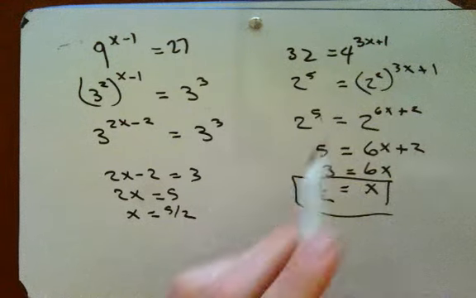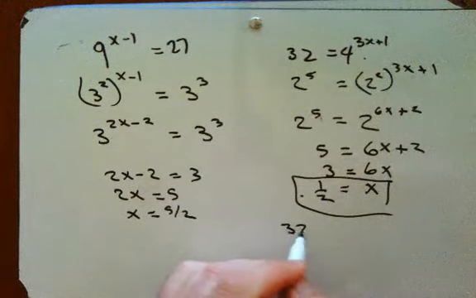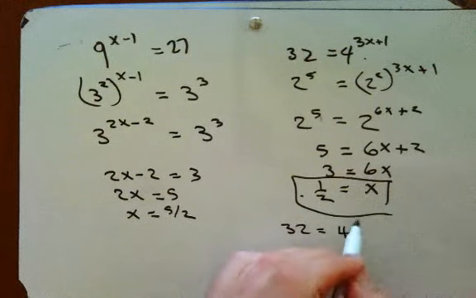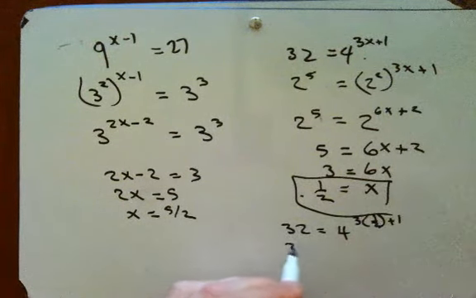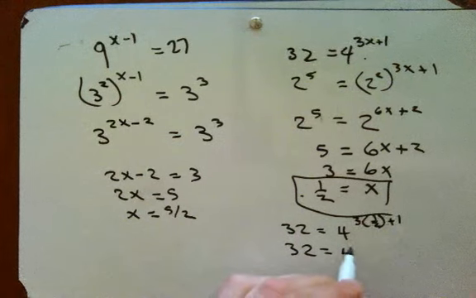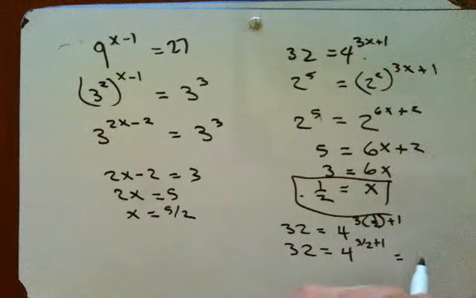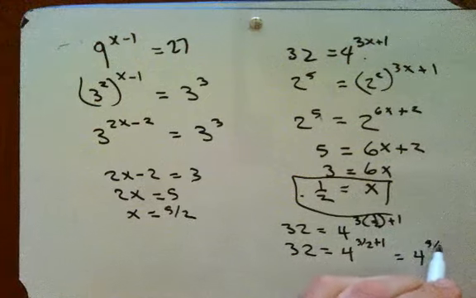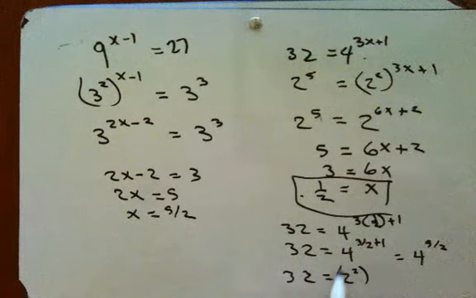Okay, remember exponential functions are ought checks, they're not must checks. If I really wanted to check this, I could always plug this number into the original equation. 32 equals 4^(3(1/2)+1), which is 4^(5/2).